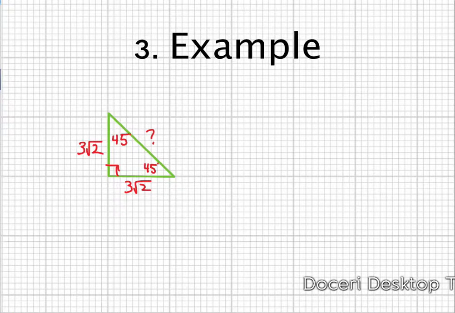Well, if you remember, you can do this one two ways, actually. Method 1, you use the ratio. And if you remember, the ratio is x to x to x square root of 2.